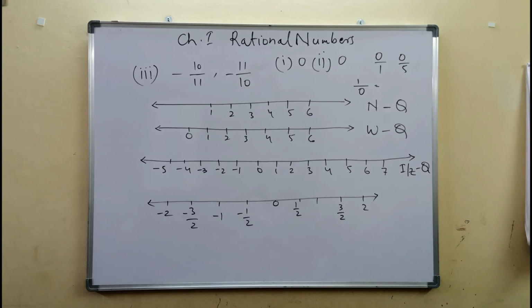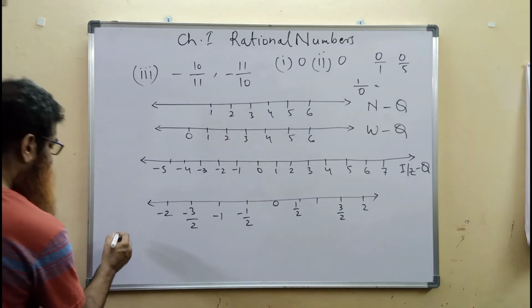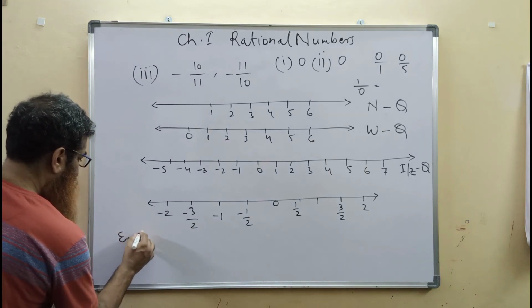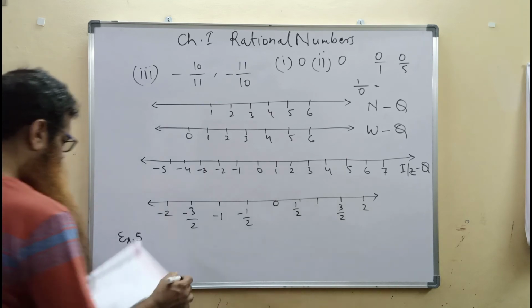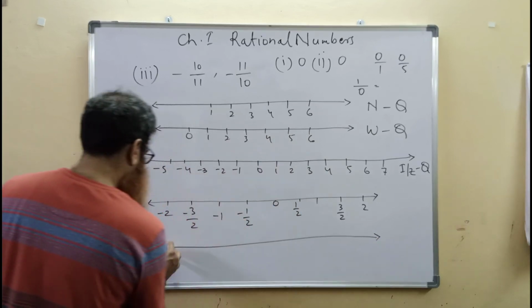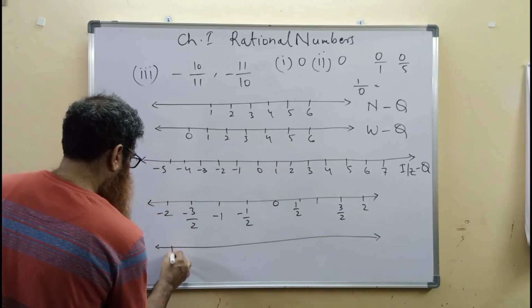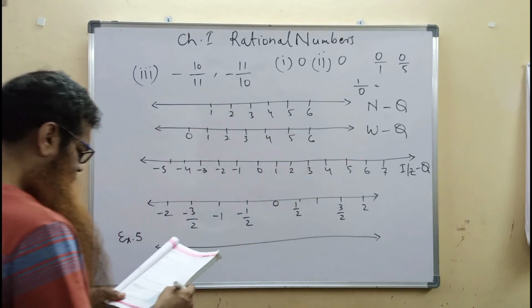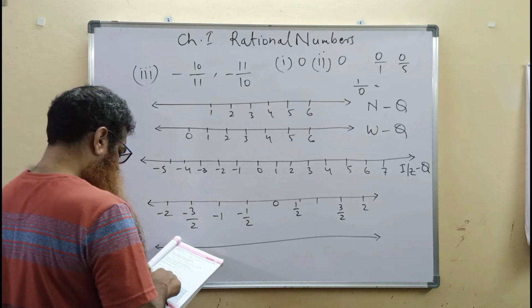Example 5. Identify the rational numbers A and B marked on the following number line. There is a number line beginning with 0, and after 0 there are 7 parts: 1, 2, 3, 4, 5, 6, 7.